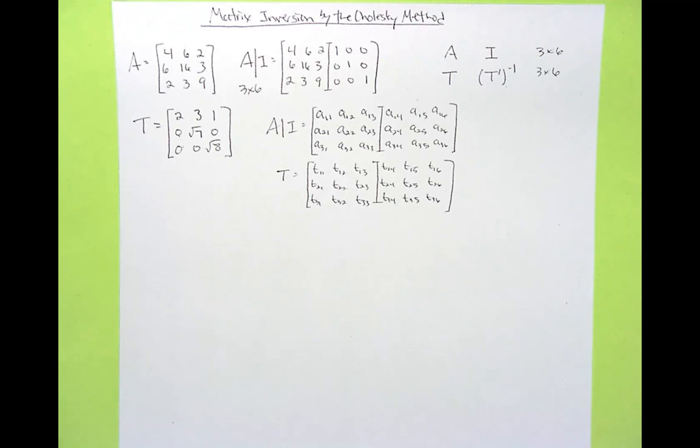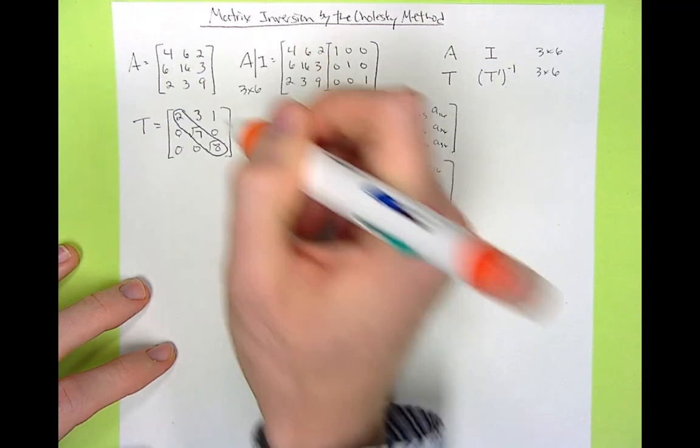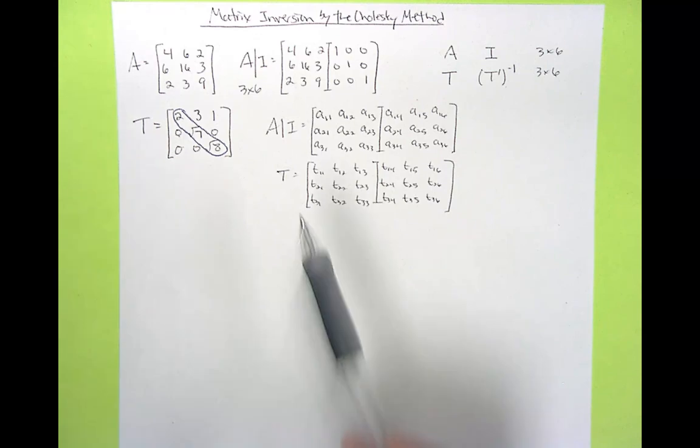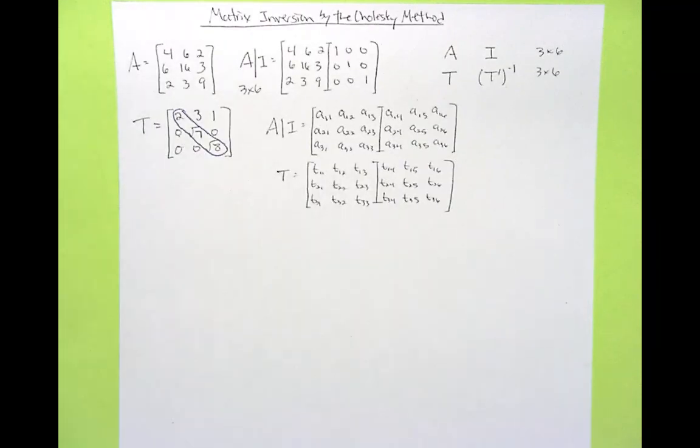The formulas for the Cholesky process are, of course, the same as those used in video 3.23, but we already have the diagonal element for each of the 3 rows. That diagonal element is here, 2, square root of 7 and square root of 8, because it's T11, T22, and T33.